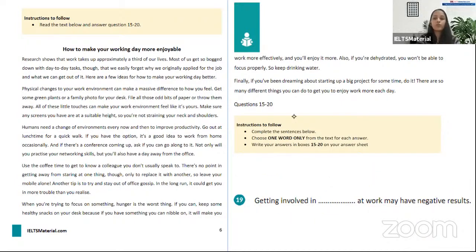Let's solve the last question. Having a few blank available can help people concentrate better at work. So let's find the keywords. What should we have so that we can concentrate better at work?